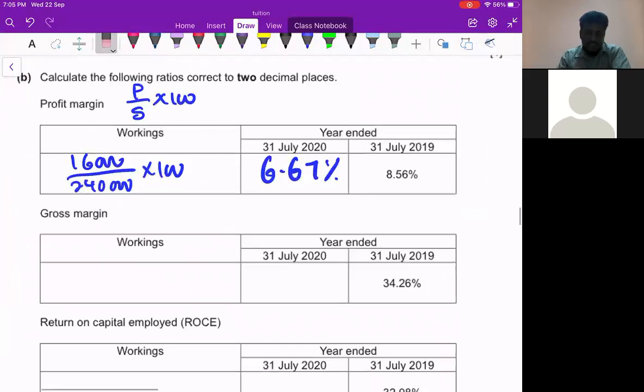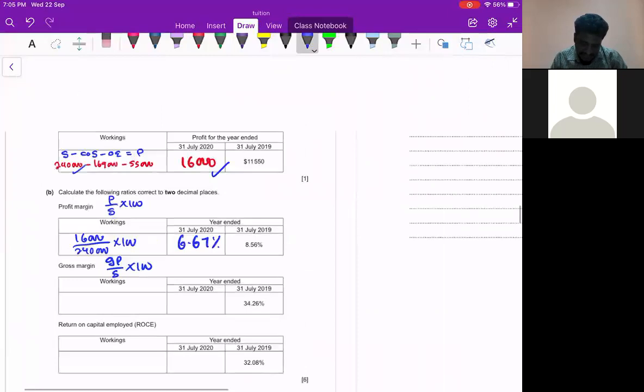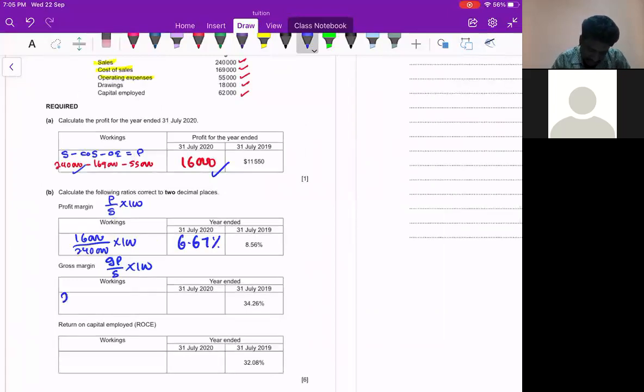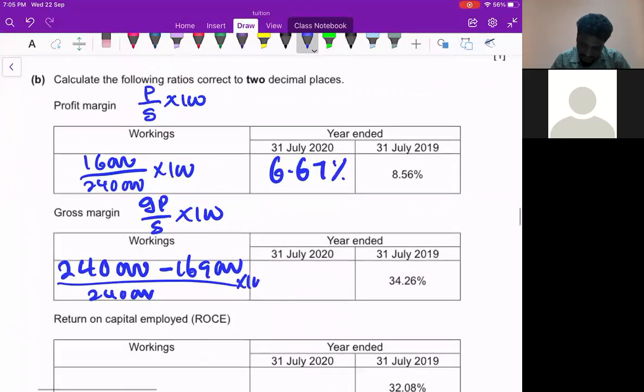Okay, next one is gross margin. The gross margin formula is gross profit over sales times 100. How to calculate gross profit? Sales minus cost of sales. So I show the working: 240,000 minus 169,000, divided by sales 240,000, times 100.